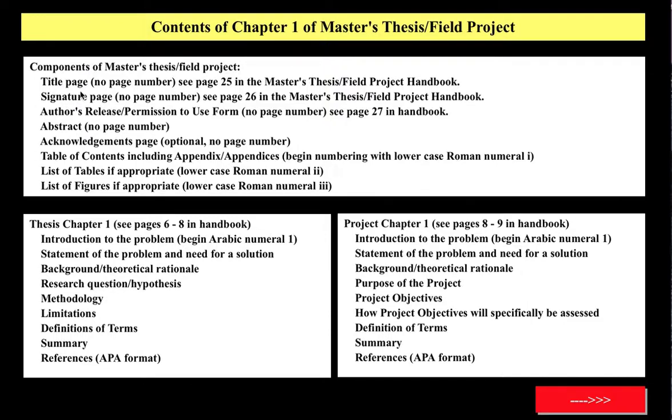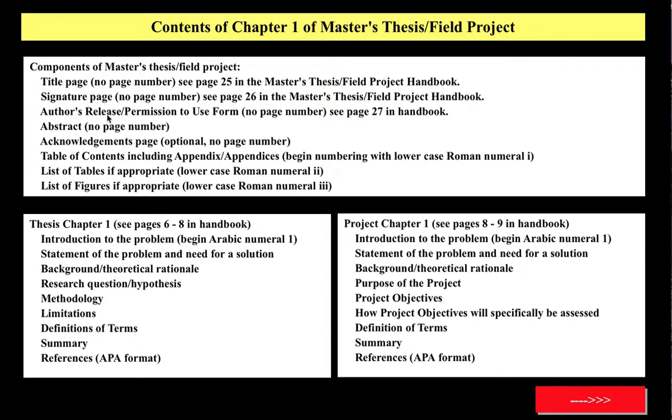You'll have a title page with no page number, and if you look on page 25 in your Master's Thesis Field Project Handbook, there is the title page. You just need to copy it exactly as it is. It's a boilerplate. Your second page will be your signature page, and that's on page 26 in the handbook, so all you need to do is copy that.